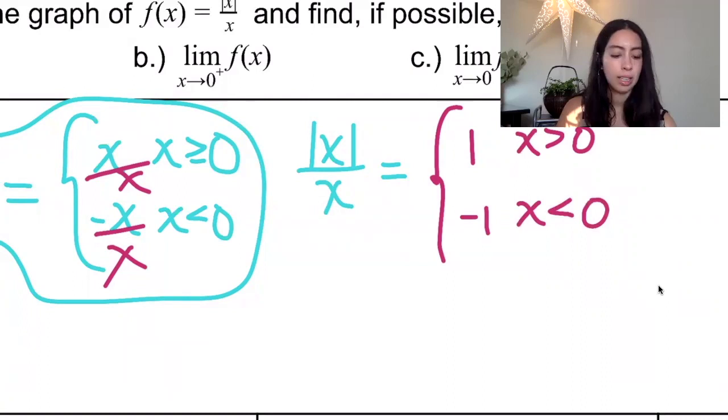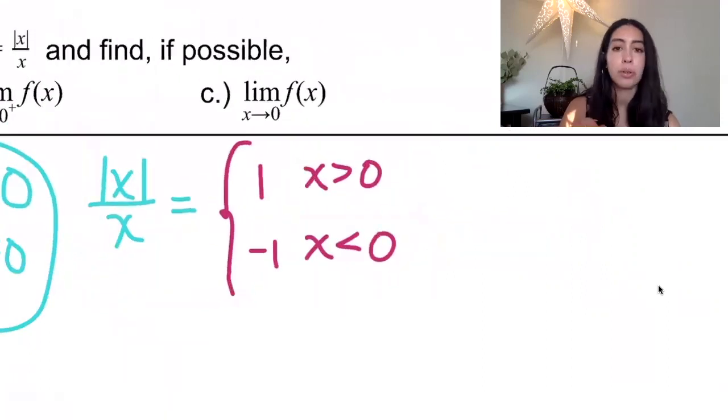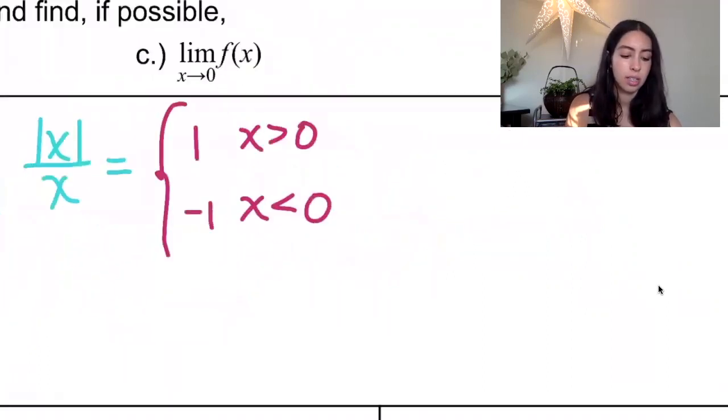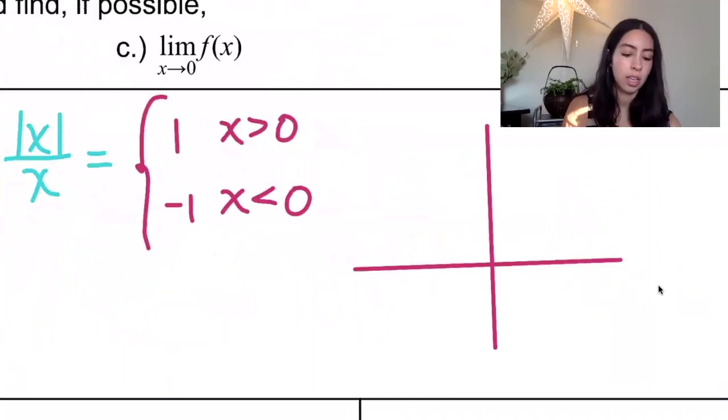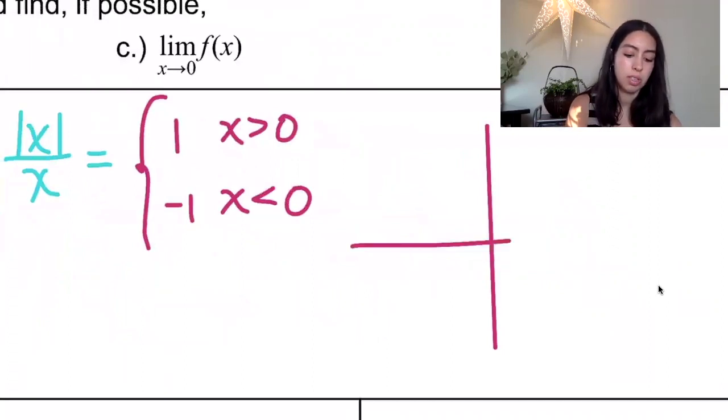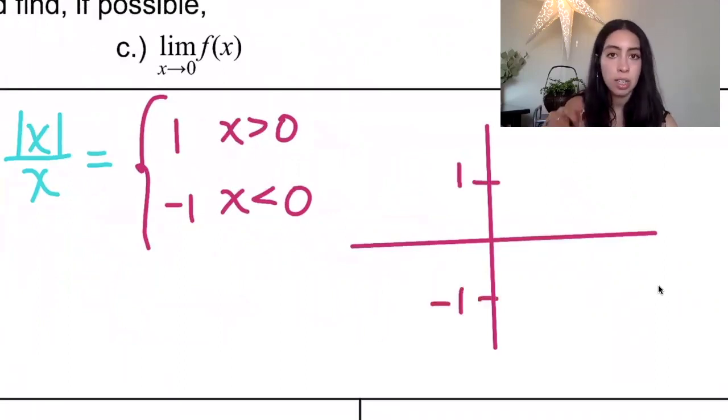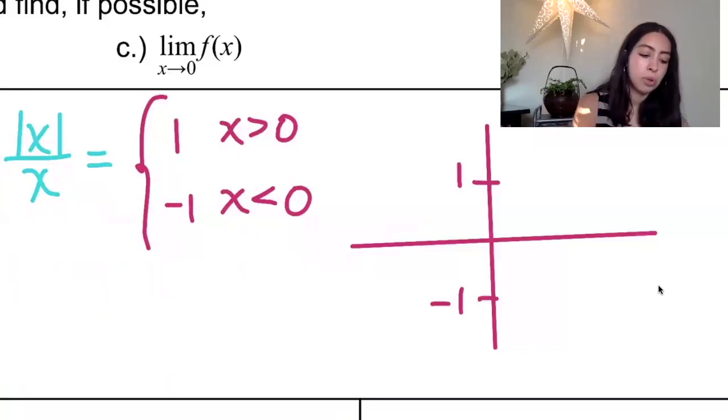So I can go ahead and now graph this. Let me center this a little bit better there. This is positive 1, this is negative 1. So for all the values of x that are greater than 0, I'm going to use a different color.